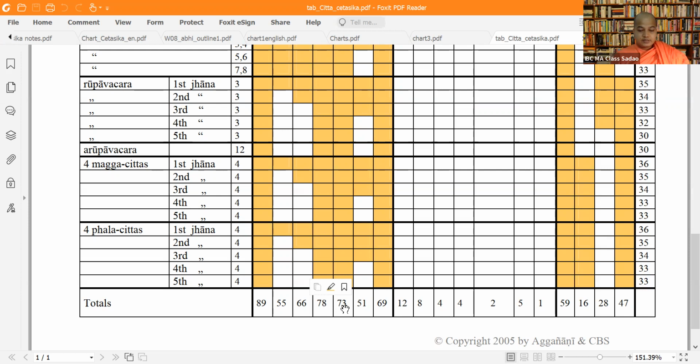Then if you minus 73 from 89, you have 16 chittas. And if you minus 51 from 121 chittas, you have 70 chittas. And if you minus 69 from 89 chittas, you have 20 chittas. So this is how you have these two listings.